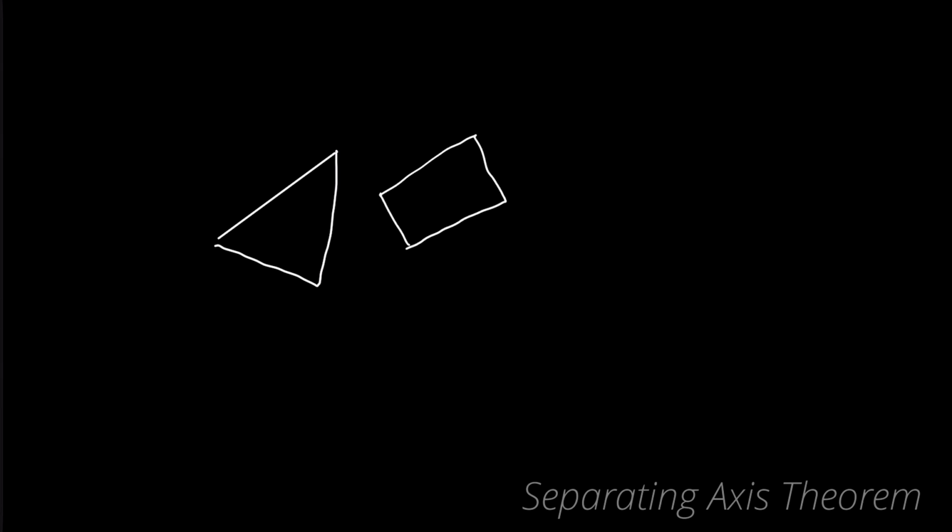Now what did we do in the case of axis aligned bounding boxes? We just checked x and y axis, right? Now in this case, it's obvious for us to see that there is a separation in between these two, and then let's say we just draw one line here. We can see that this line does separate these two polygons, right? We can have another line, it doesn't matter.